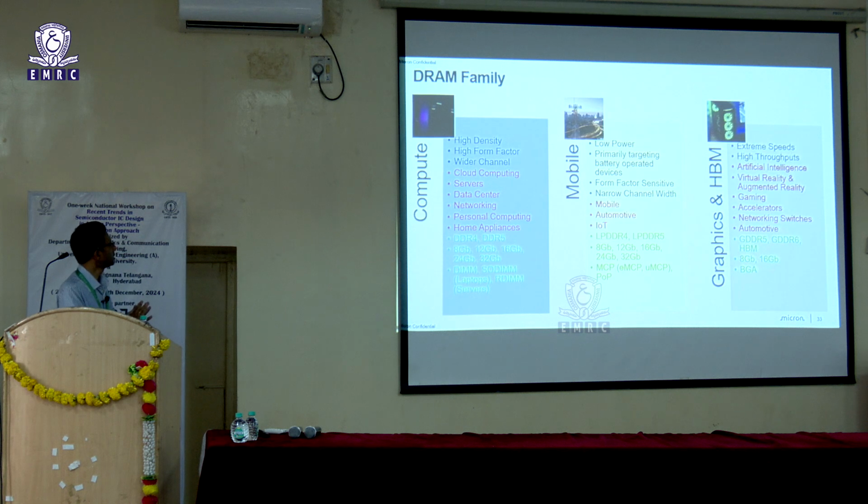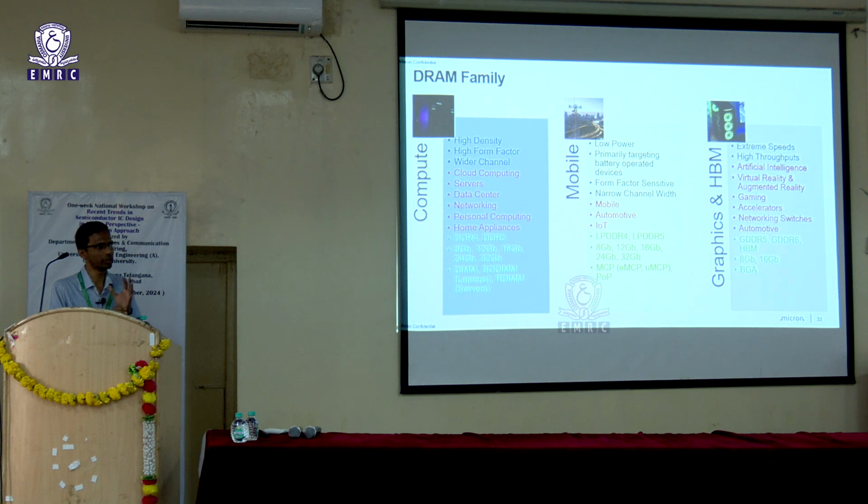Now, just to summarize what we have seen so far, we have seen a compute domain wherein it's typically high density, and DDR is the terminology that is used in the computing world. DDR4, DDR5 are two different generations, and then you have different device configurations, 8 GB, 12 GB, 16 GB, and so on. And then comes mobile. As I said, the key driver here is low power.